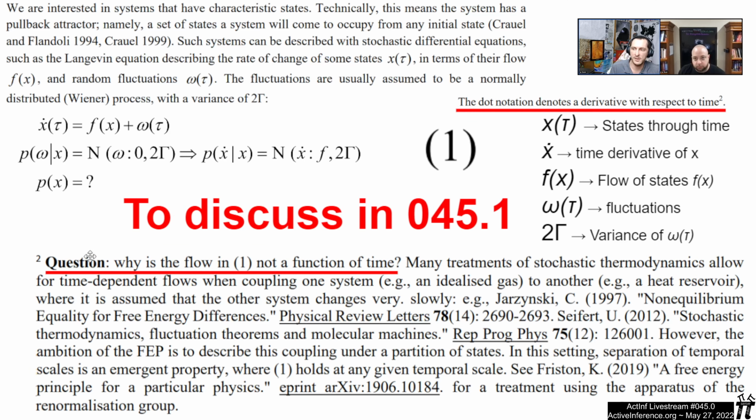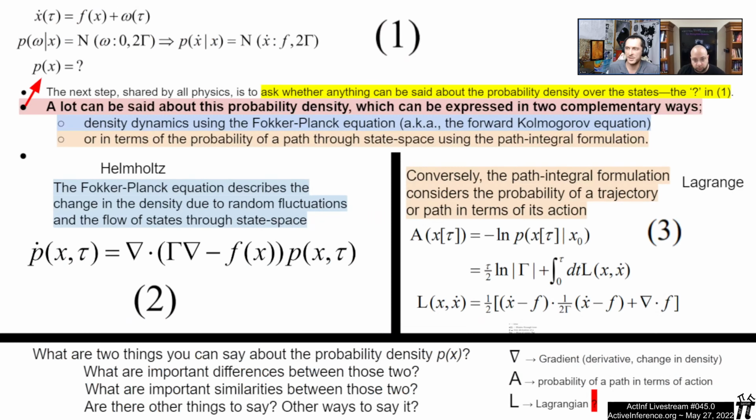Then in the footnote, they ask a question, why is the flow not a function of time? And that's what we're going to return to in dot 1. How is time dealt with, or not dealt with, similarly or differently than in other frameworks or other physics? And then just to stay on this Formalism 1, please give any other thoughts. This last line of 1, p of x equals question mark?